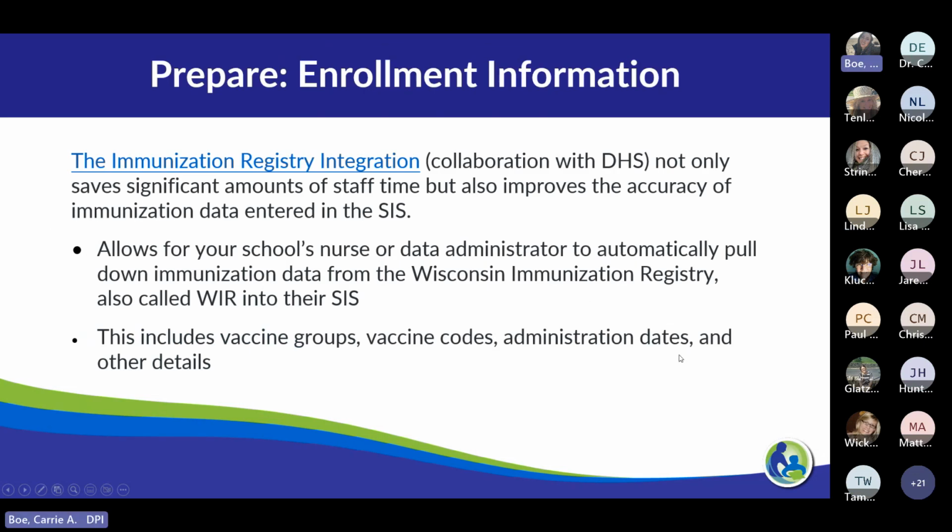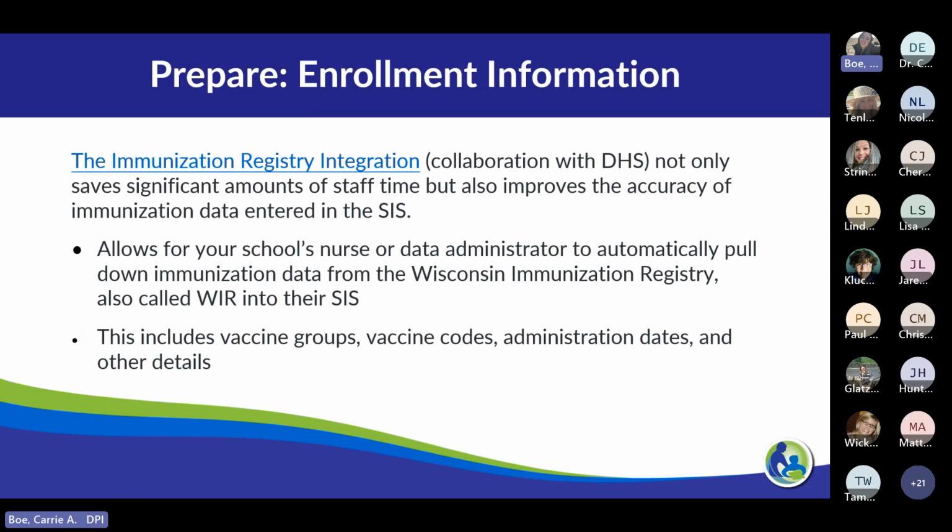Another tool, I want your ears to perk up a little bit because this is going to save you a lot of time, as this is all just kind of beginning of your information for you folks. The immunization registry tool is built into your CIS if you are an opt-in school. Every year, as you know, you had to submit a report to Department of Health Services, DHS. And it was a huge burden to schools.